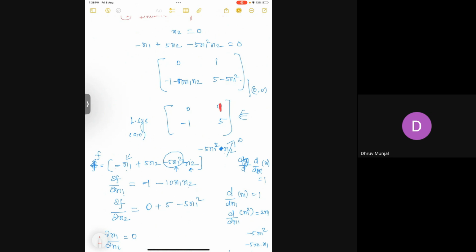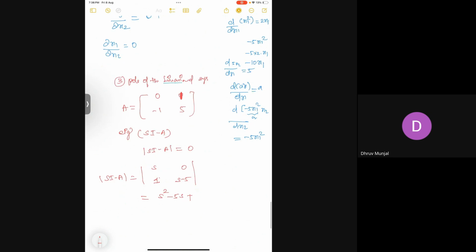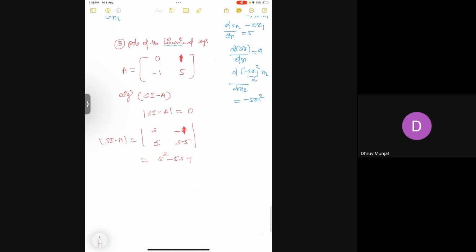This 1, there is no variable here, so this will also be 1. If it is 1, this will be minus 1. So sI minus A will have minus 1. Minus of minus 1 will become plus 1, equal to 0. Because this is a 1 term, minus of minus 1 becomes plus. That's why it is plus.